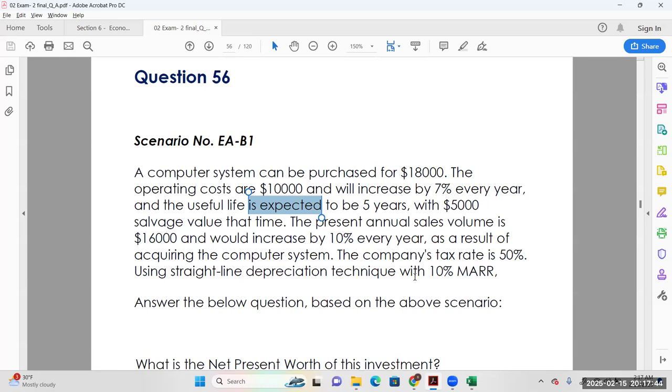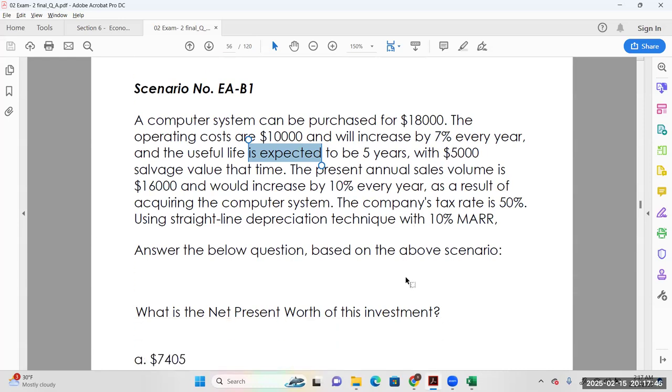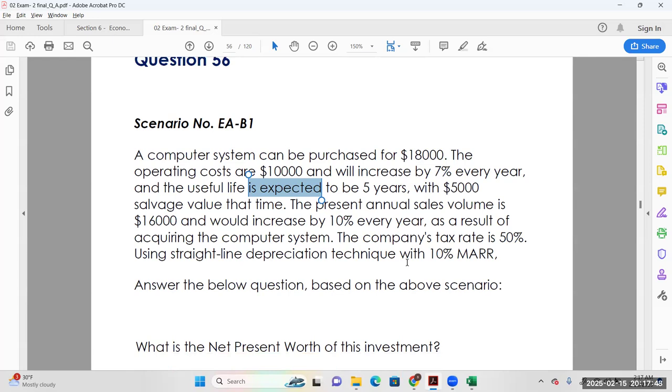Too many things, right? We'll go one by one. Computer system can be purchased for 18,000. 18K.